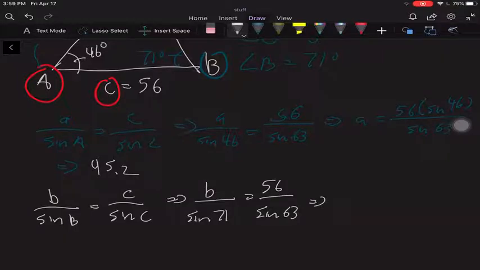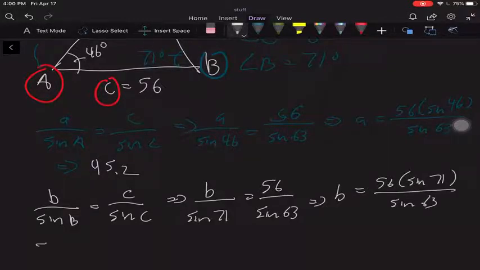Multiplying both sides by sine of 71, we get 56 times sine of 71 over sine of 63, which is 59.4.